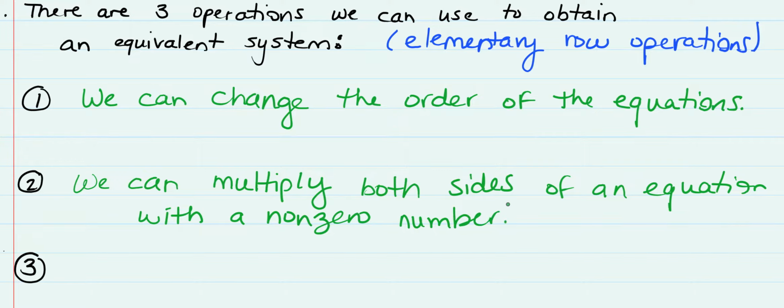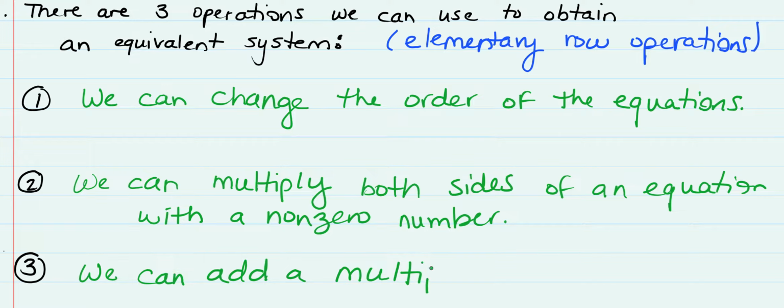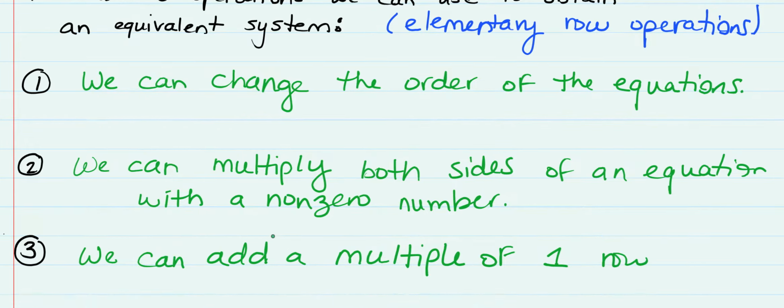When you multiply an equation by a non-zero number, you're not changing the set of solutions. The last thing we can do that's going to help us find an equivalent system is we can add a multiple of one row to another row.